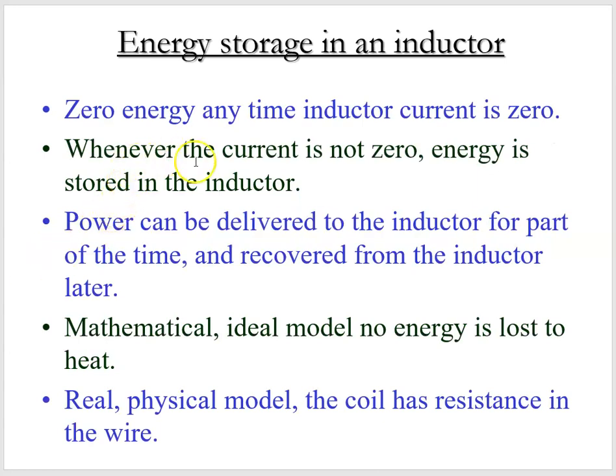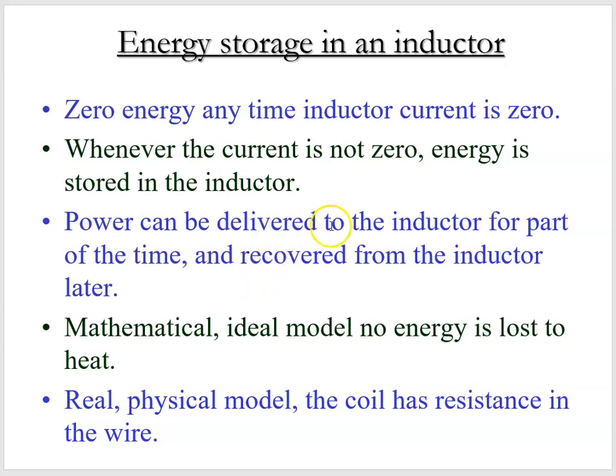So for energy storage in the inductor in general, there is 0 energy at any time that the inductor current is 0. If there's no current flowing through the inductor, there's no energy stored. Whenever the current's not 0, there's going to be energy stored in the inductor. Power can be delivered to the inductor for part of the time cycle, and it can be recovered from the inductor later.